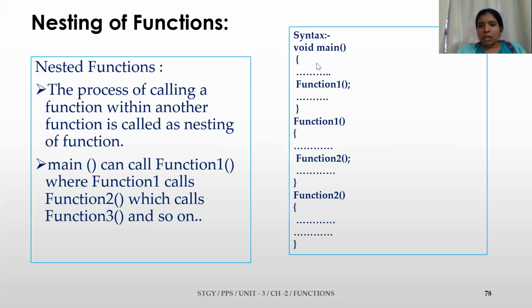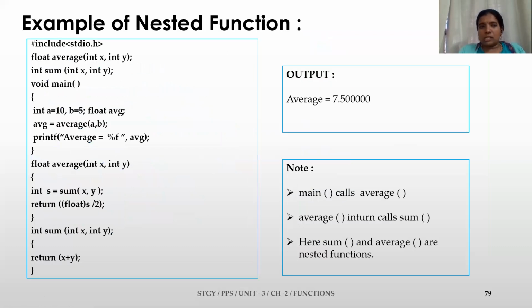For example, main is calling function 1. When you go to function 1, there's function 2. Inside function 2, there's nothing. So after executing function 2, control just returns to function 1, finishes the next part of function 1, goes back to main, finishes the rest of main, and then comes out of the program. The process of calling one function inside another function is known as nested functions.